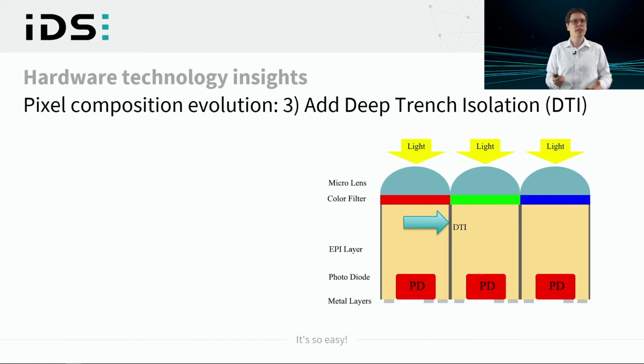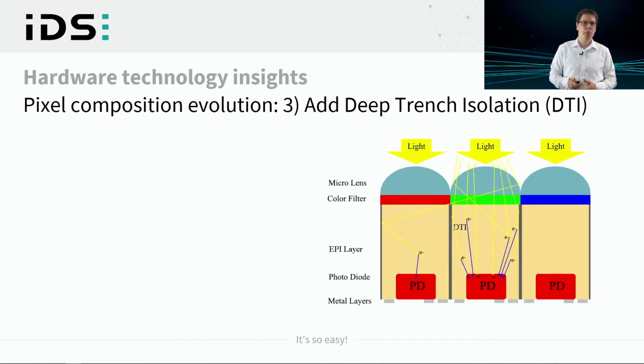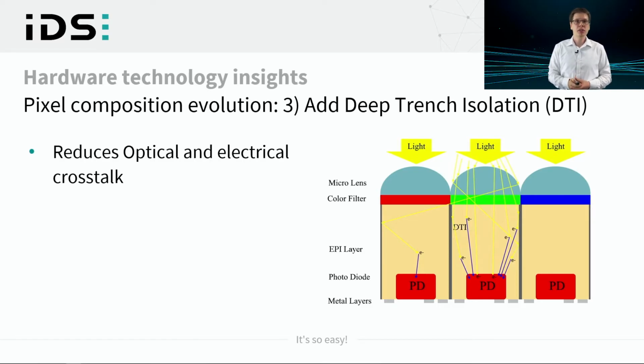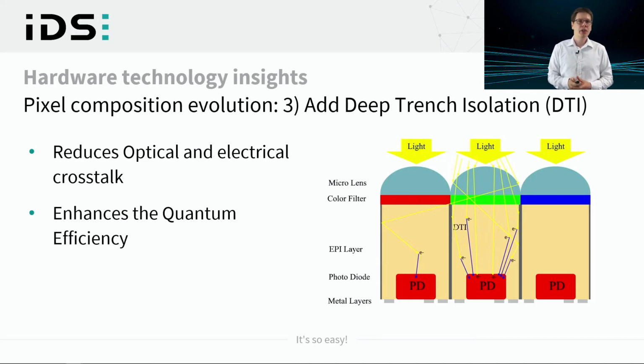Either from the color filter side, that's backside deep trench isolation, or from the logic layer side, that's frontside deep trench isolation. This structure will keep the photons and the electrons within a pixel, thus reducing the optical and electrical crosstalk.